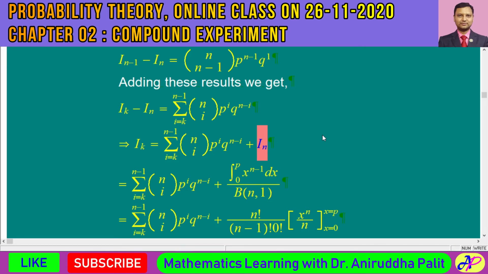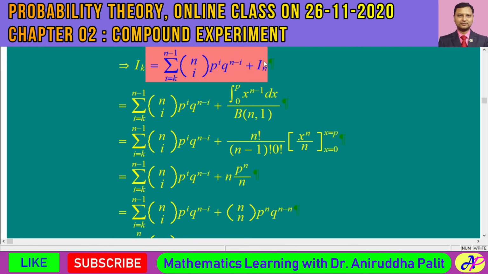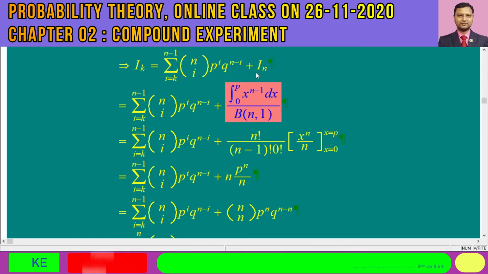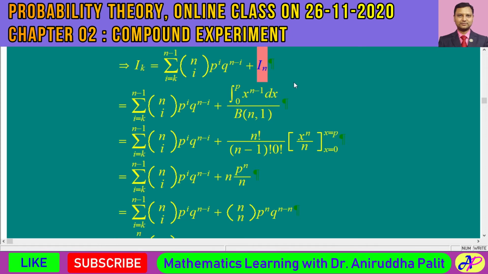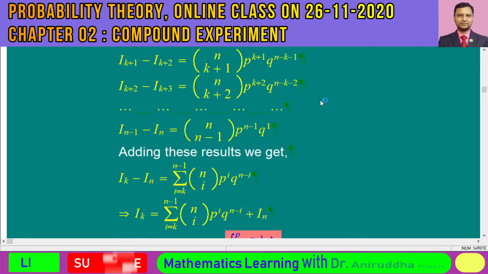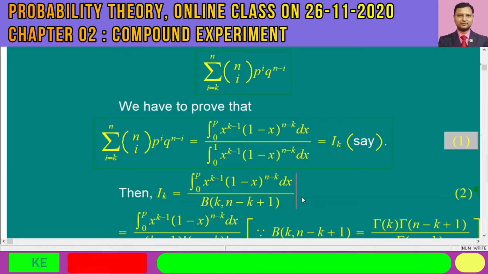We are just trying to express this total expression in a suitable form, decomposing this expression of I_n by putting k equal to n in this equation number 2.